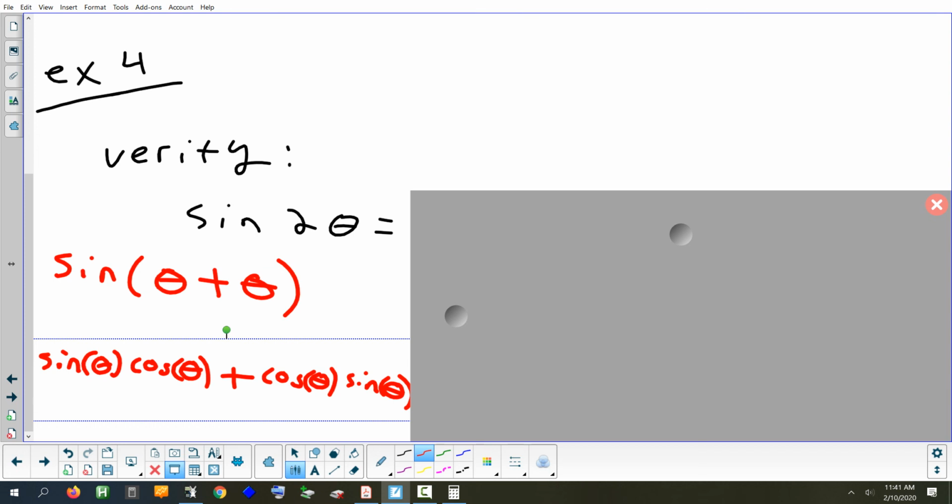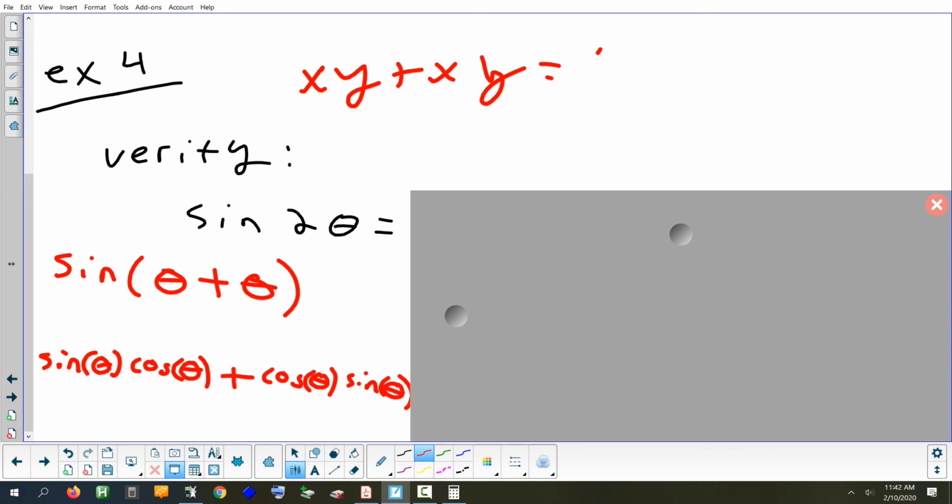Is there a difference between sine times cosine and cosine times sine? Well, like 2 times 3, 3 times 2. So this is sine cosine. This is sine cosine. What do you get when you add a sine cosine plus another sine cosine? That's multiplying. What do you get? Like what would you get if you had xy plus xy? 2 of the xy's.